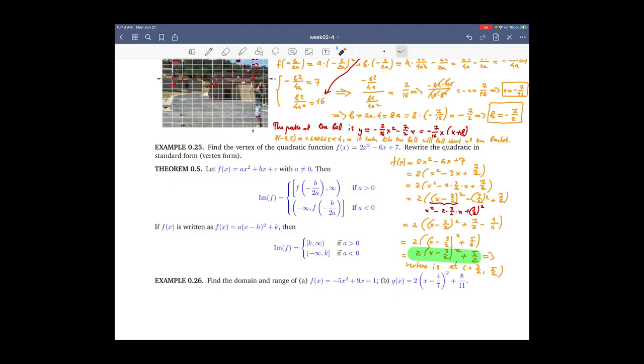This is really easy to write when your parabola is written in the vertex form, right? If a is positive, this parabola is opening upward, and f will take all values greater than or equal to k. And if the parabola is opening downward, f will take all values less than or equal to k.